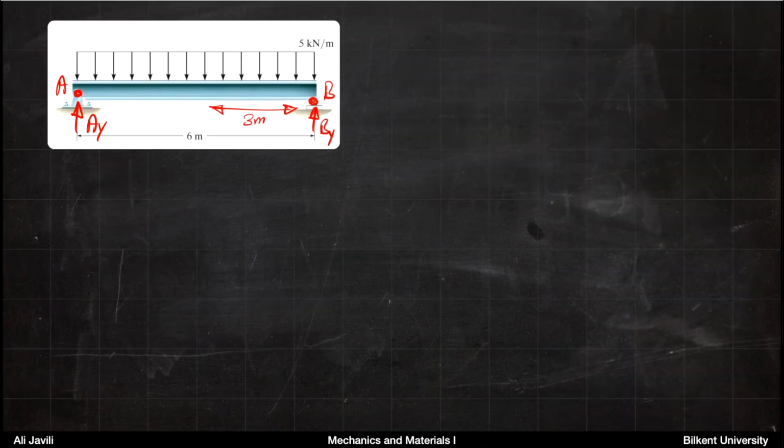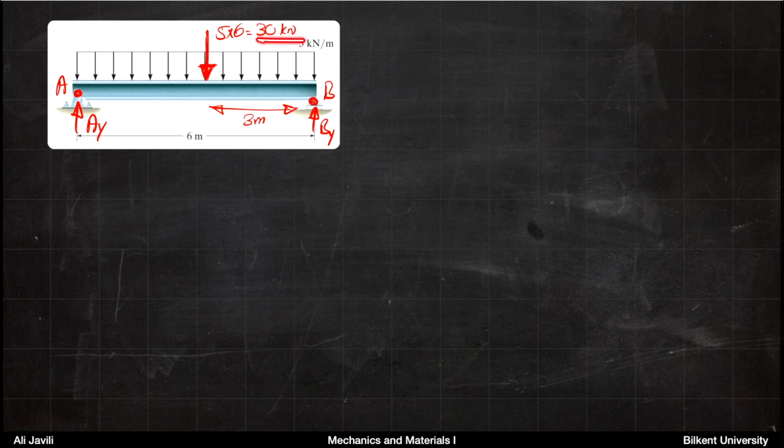So similar to before, the first thing we want to do is to draw the free body diagram of the system. And for that, we indicate the reactions from the supports as A_y and B_y from the supports A and B respectively. Then we can replace the distributed load by its equivalent force.